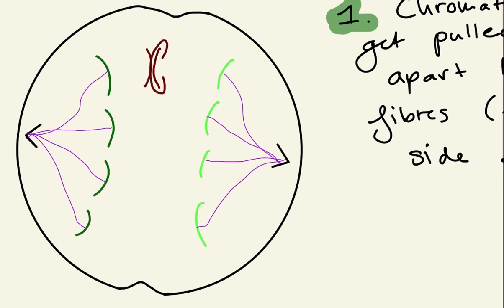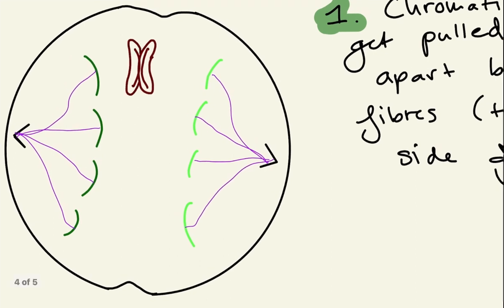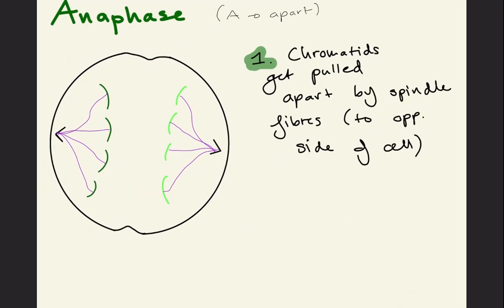And each one has an identical set of DNA. That means that when they get pulled apart, one gets pulled over here, one gets pulled over there. That means that that same DNA will be in both cells to come. So that's the objective of having 2 replicas and having sister chromatids, right? So the chromatids are pulled apart by the spindle fibers to opposite sides of the cell, right?